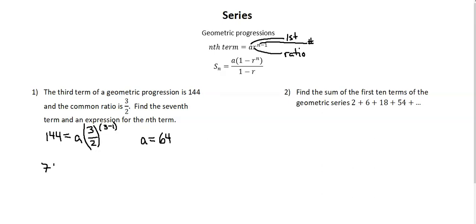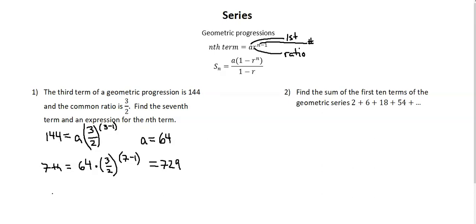Now the seventh term equals a, we know, is 64, times the ratio 3 over 2 to the power of, looking for the seventh term, 7 minus 1, which is 729.